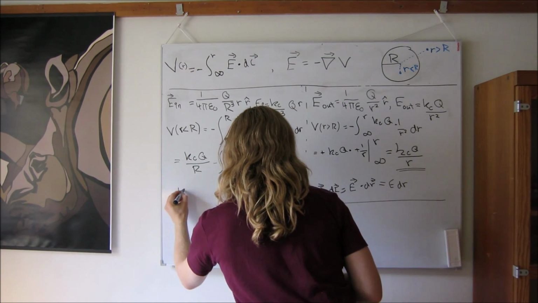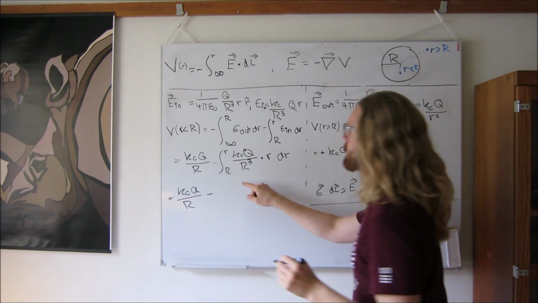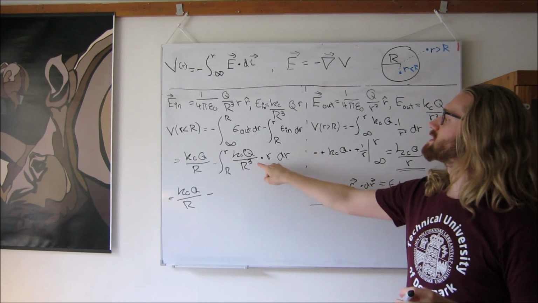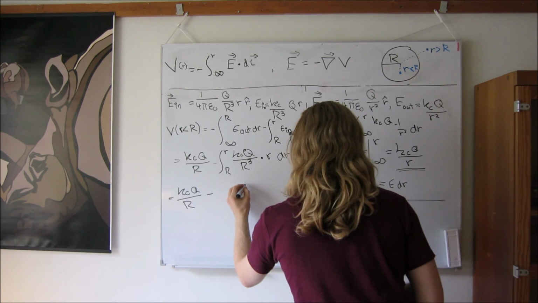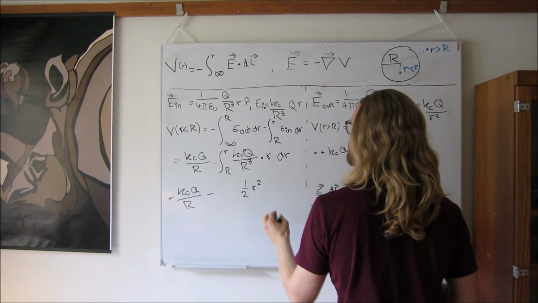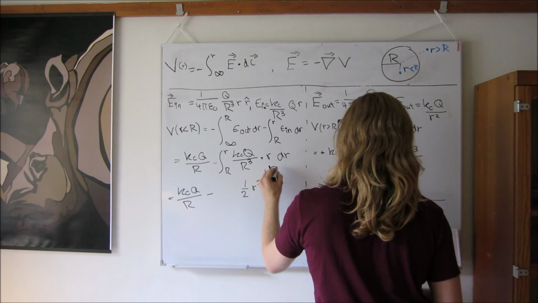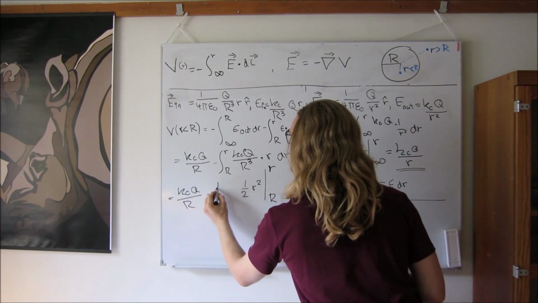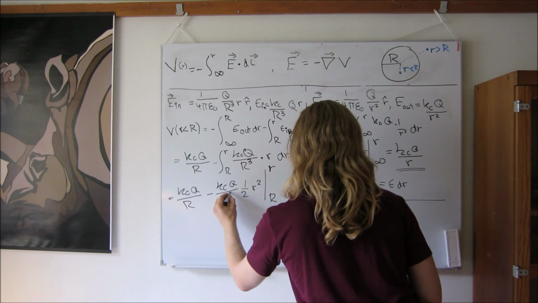So these are constants, they don't change. And then the antiderivative of r with respect to r is 1/2 r squared evaluated at these points. We still have all those constants in front of it.